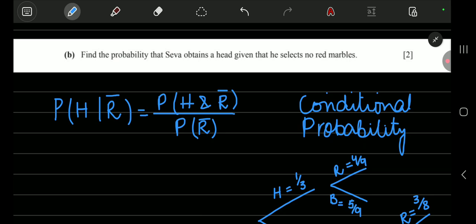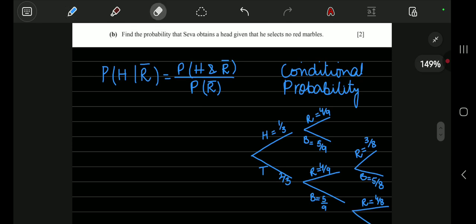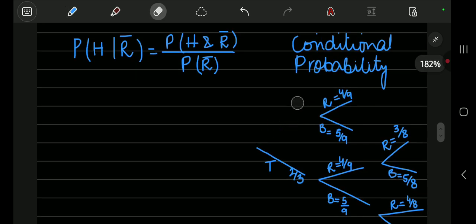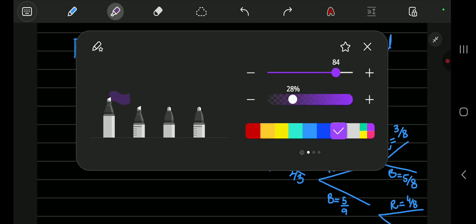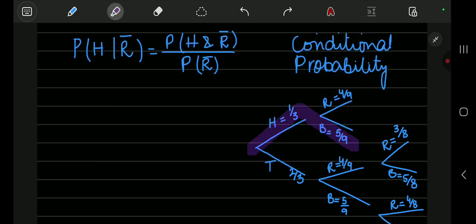So what will be the probability of H and no red together? Head and no red means it will be blue. So that's the only possible scenario. So the numerator would be 1 over 3 times 5 over 9.